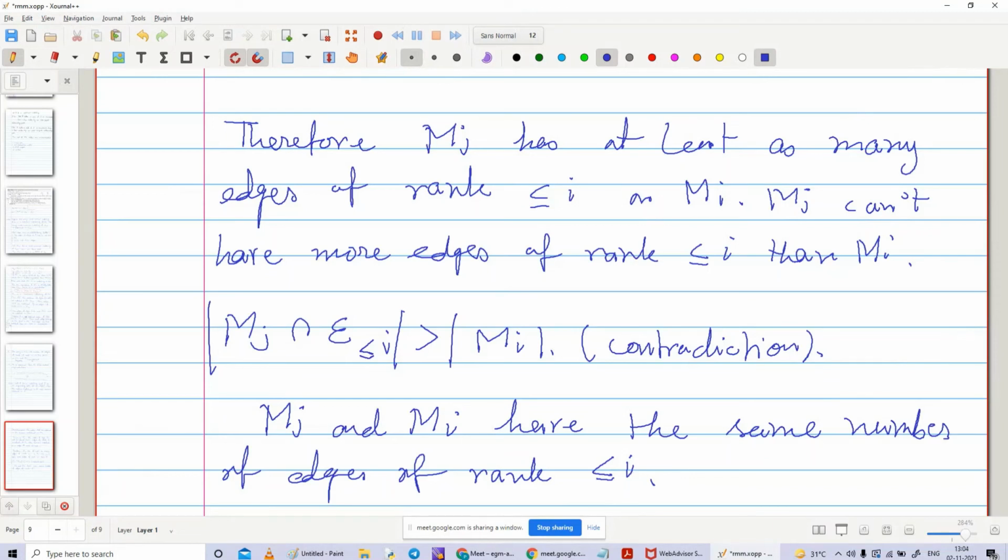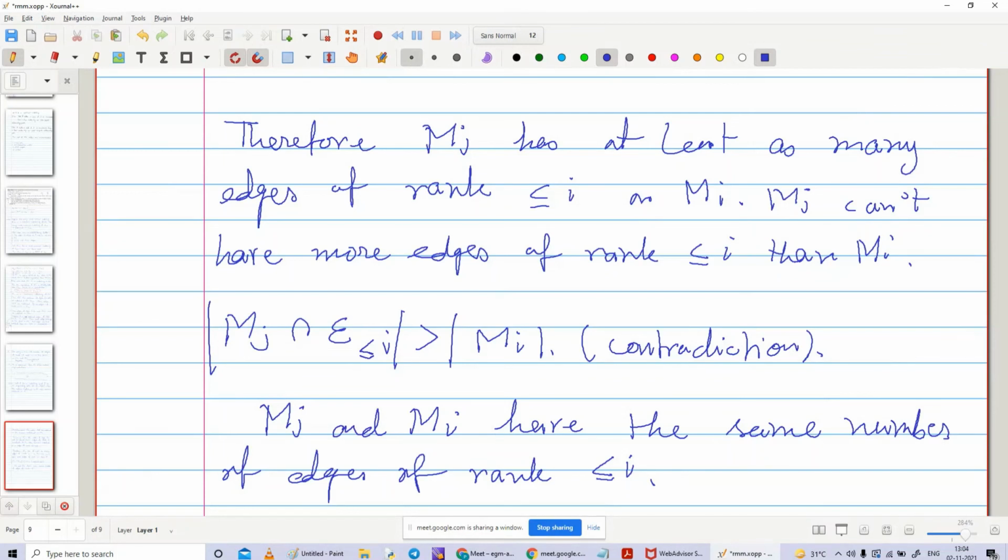Okay, now I think I got it. So I'll finish with this lemma and I'll prove the theorem in the next class. Okay, so see you.